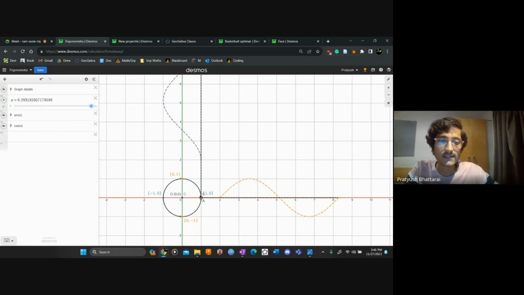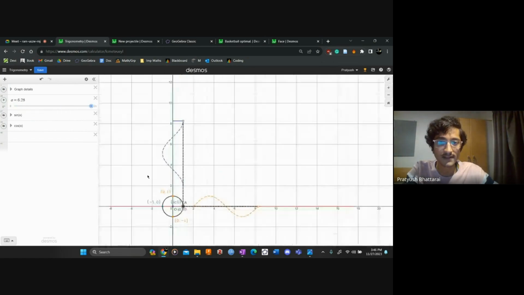When we started at angle theta being 0, the sine started from 0 height, and the cosine started from height 1. So they've got this difference, but essentially these waves are the same.